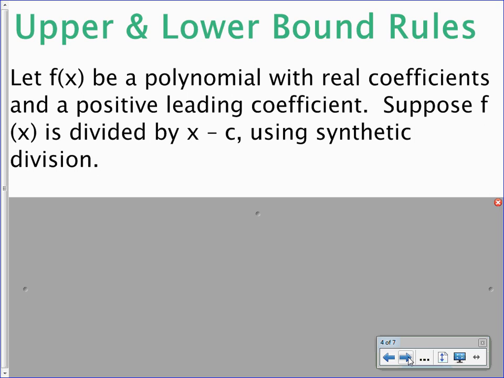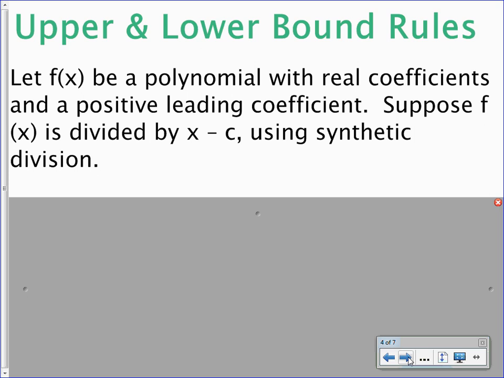Okay? So this says we have a polynomial with a positive leading coefficient, and we're going to use synthetic division, what we've been doing anyway, right? Okay, so we have a polynomial who has a positive leading coefficient, and we're dividing by x minus c.